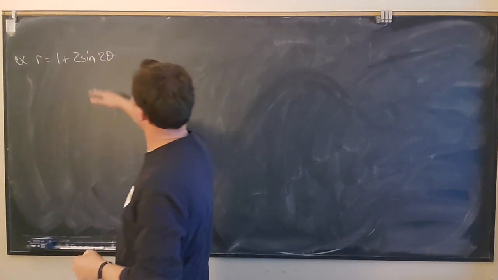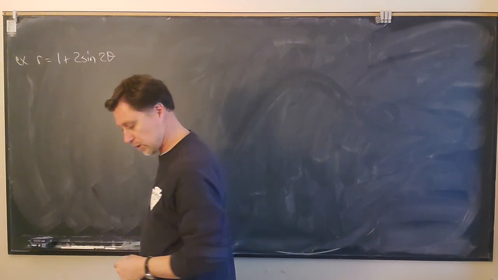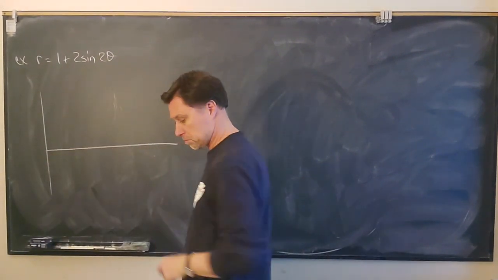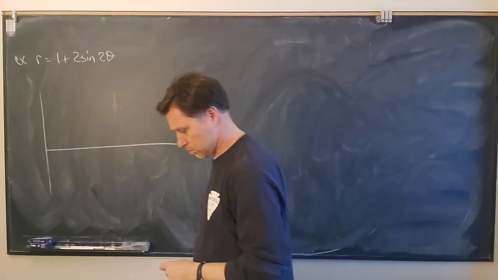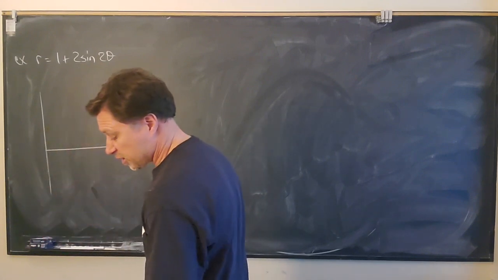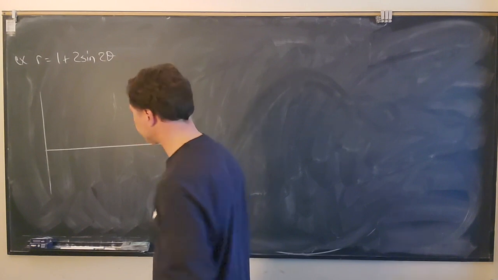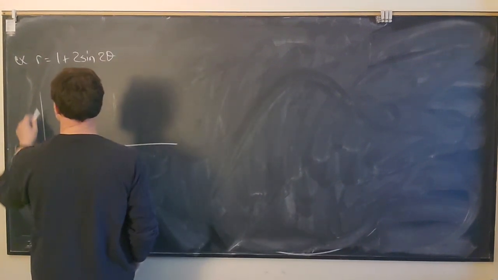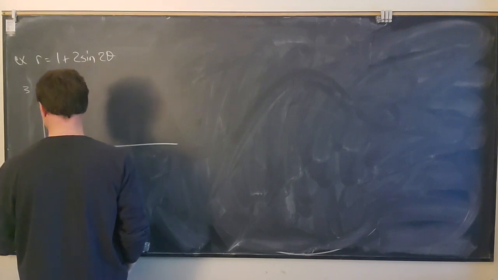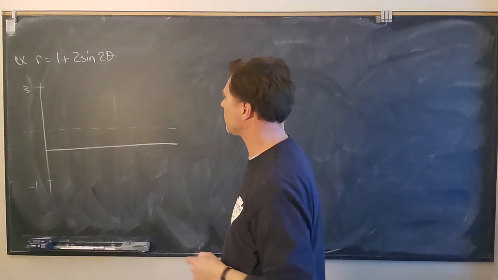We take a sine curve, we double the amplitude, and then shift up by 1. The 2 theta part halves the period, so I'm going to do 2 sine curves. This is going to go up to a maximum of 3. The minimum is minus 1, and then at positive 1 we have the dividing halfway point.